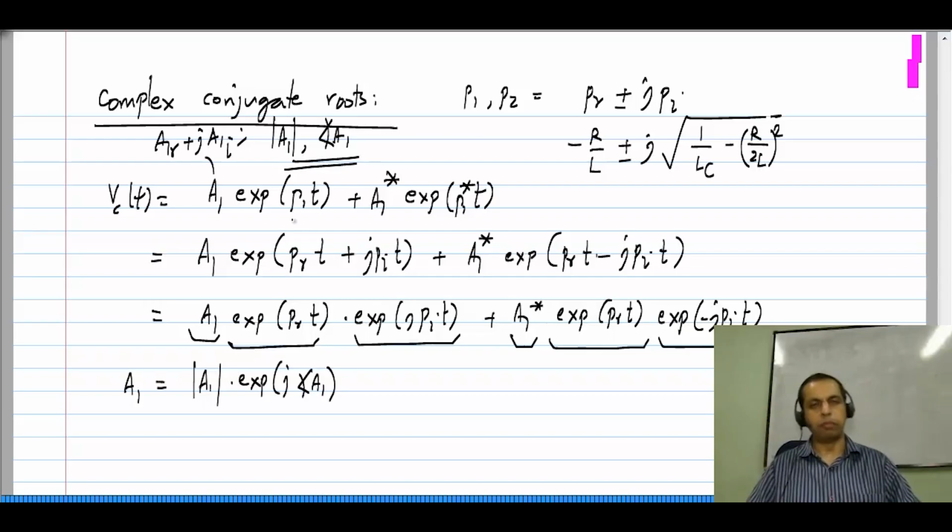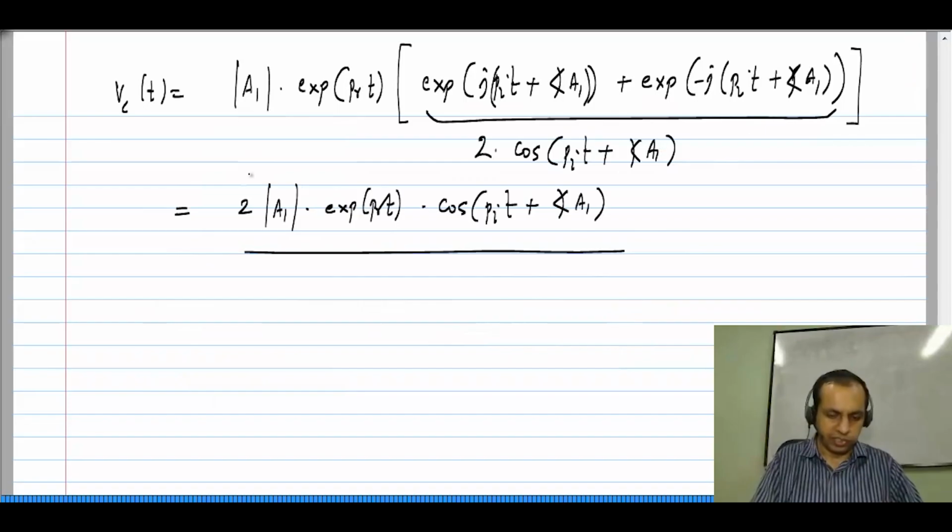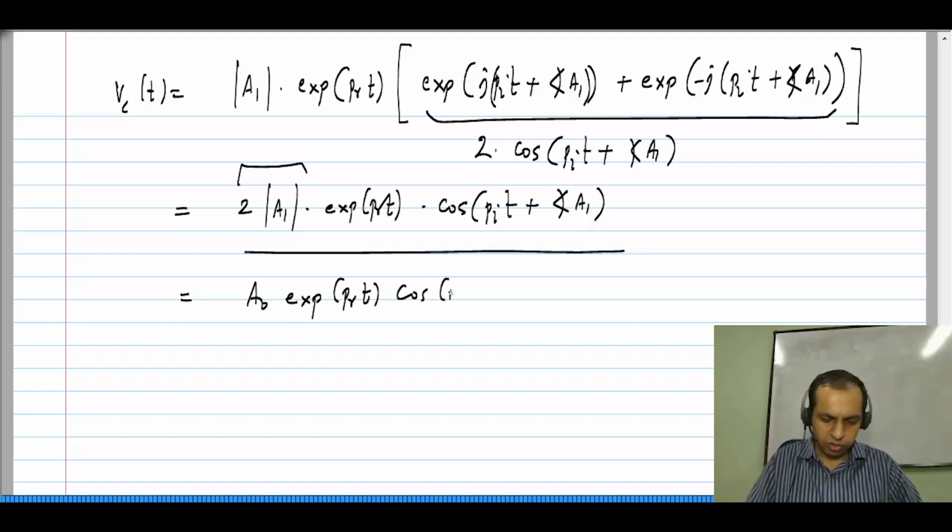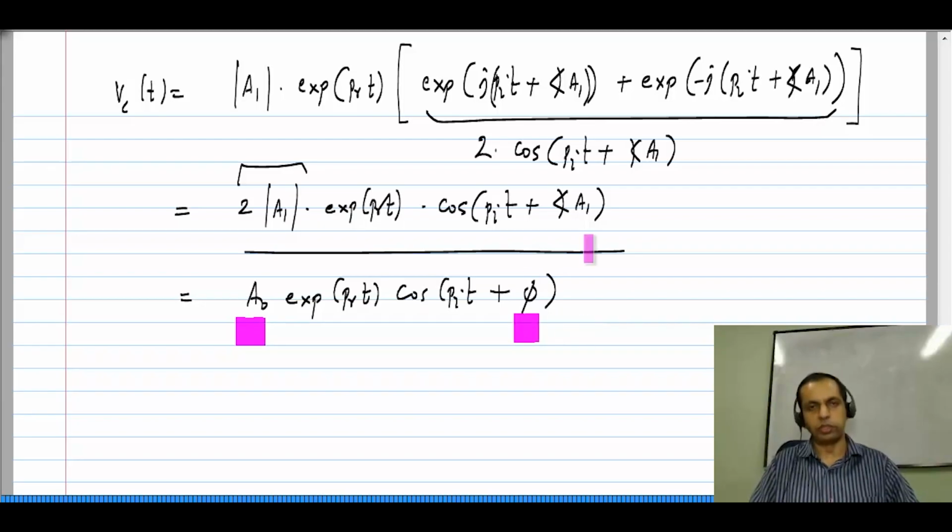So you can represent that in any way you want, but finally you will have 2 equations from 2 initial conditions, and you can find these 2 numbers. Typically it is easiest, this 2 doesn't have much significance here. This whole thing is some constant A0 exponential PR t cos (PI t plus some angle phi). So we have 2 constants A0 and phi, which you can find from the initial conditions.